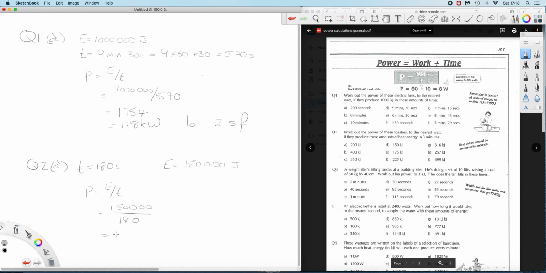So 833, which we could write as 8.3 times 10 to the 2 watts, again to two significant figures.